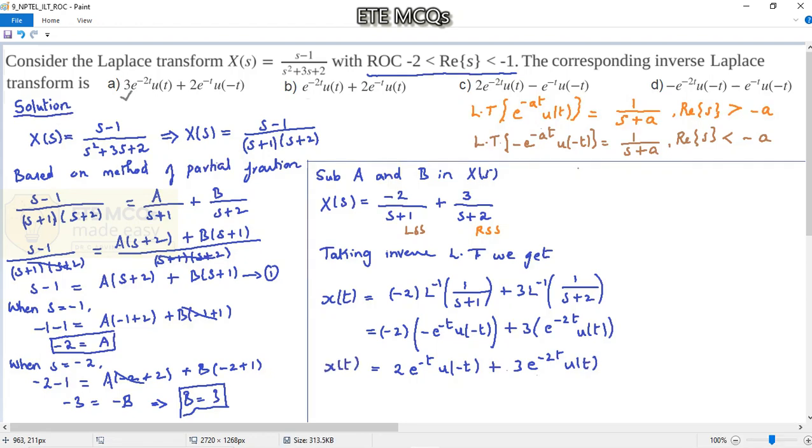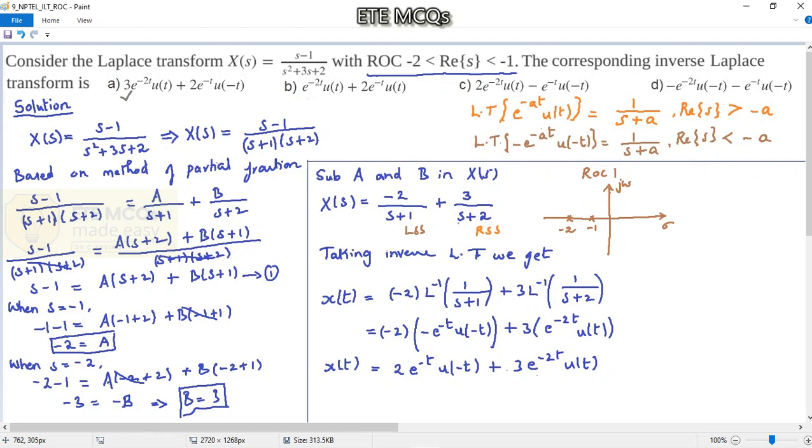So let us focus on the first ROC, of the left-sided sequence. It is very clear that this problem has two poles, minus 1 and minus 2. Let the first pole minus 1 be here and minus 2 be here. This is sigma and this is j omega.